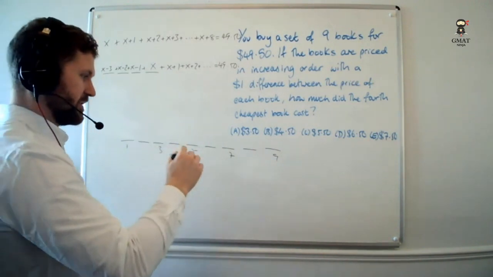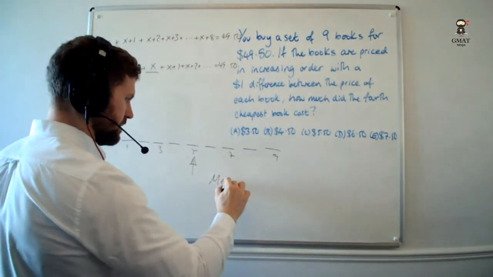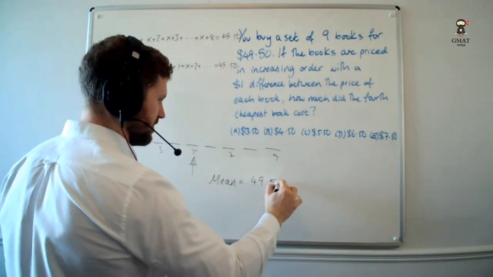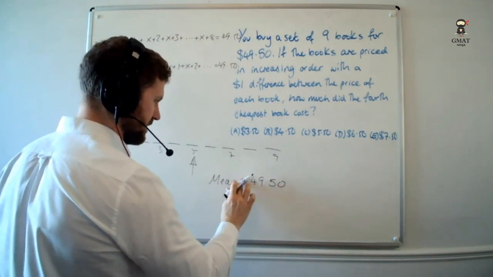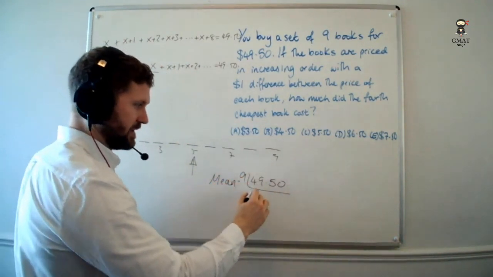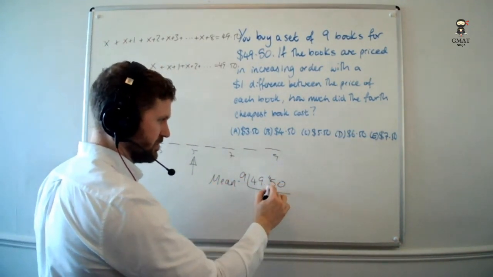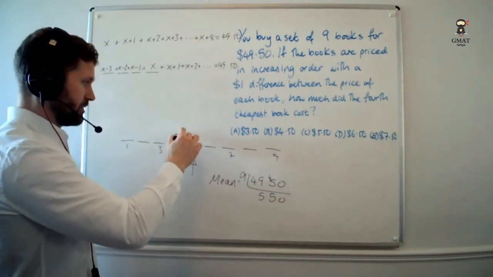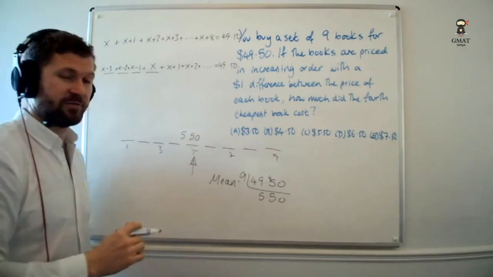So $49.50 is the total. The mean price would be $49.50, and I'm going to divide that by 9. Okay, 49 divided by 9 is going to be 5 with 4 left over. 45 divided by 9 would be 5. So the mean price is going to be $5.50.